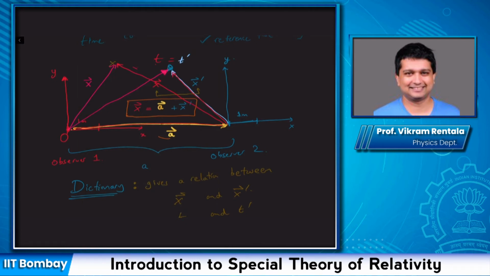This would be the new vector x bar prime at that new instant of time. But again, their relationship would be the same. x bar, which is this displacement, would be the same as the displacement along this x-axis plus this displacement. So again, x bar would be a bar plus x bar prime.